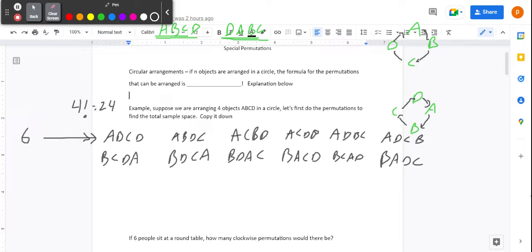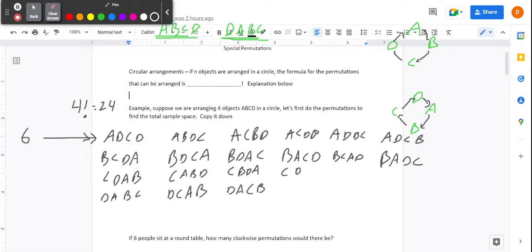So in this scenario we'd have CDAB and DABC, all the same. Here we have CABD, and here we have DCAB. Here we have CBDA, and here we have DACB. Again, all the same order and sequencing in terms of a round table.